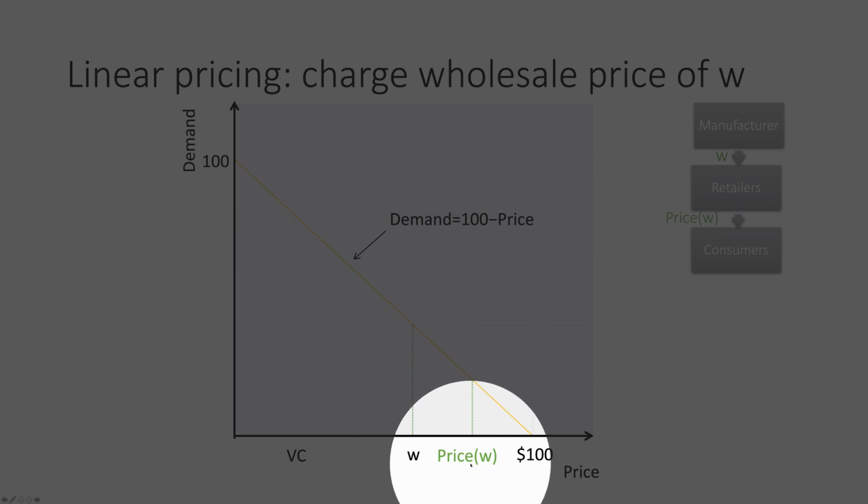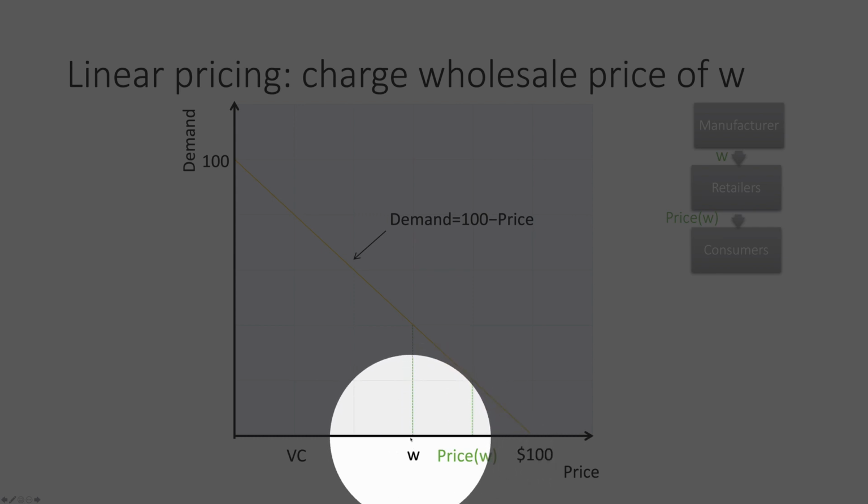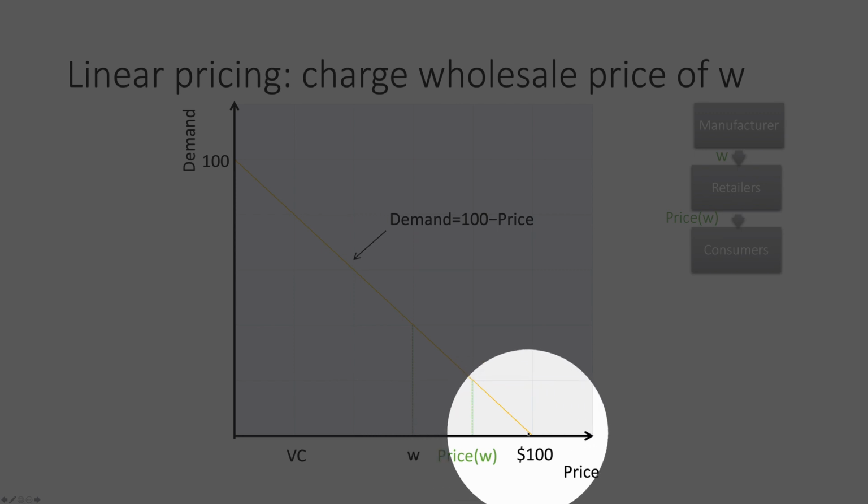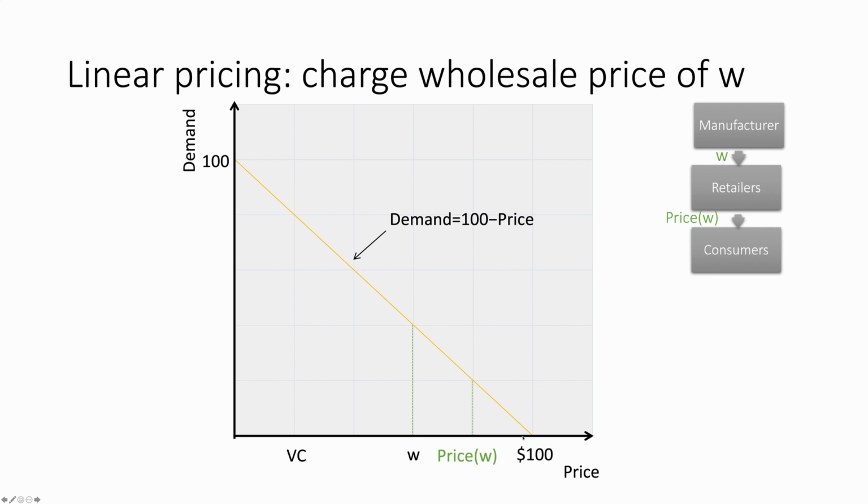It should be the middle point between the cost for the retailer, W, and A divided by B, 100. So this price should be (100 plus W) divided by 2. And at that price, we can calculate the demand, 100 minus the retail price.